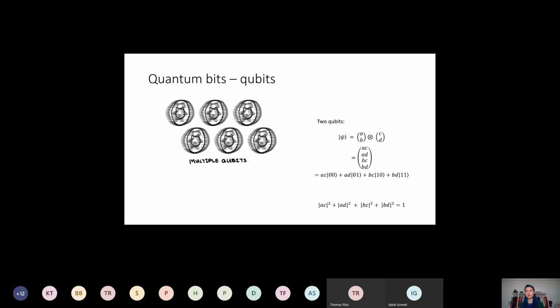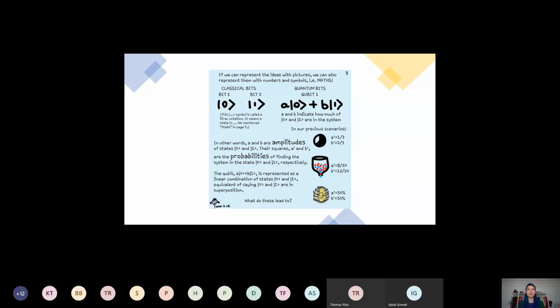Each of the 4 possible states would have their amplitudes in front of them. And again, there is this normalization condition, that their probabilities add up to 1. That's it. So when you have more qubits, you would just do the same kind of mathematical combination.